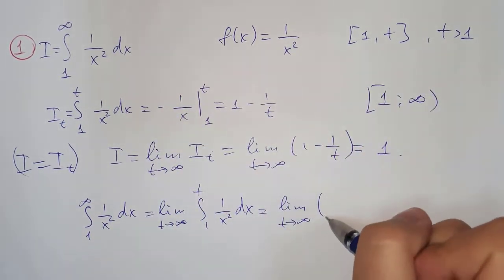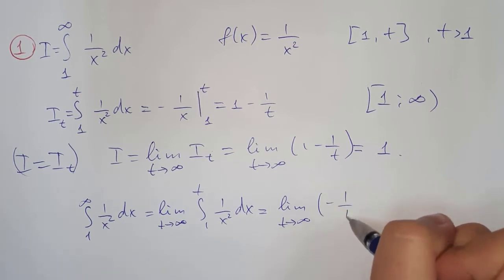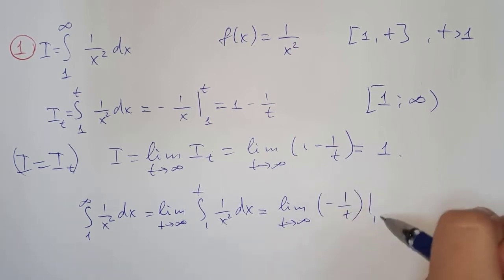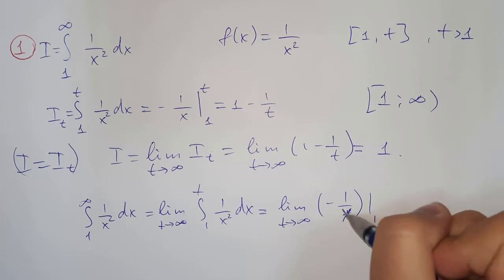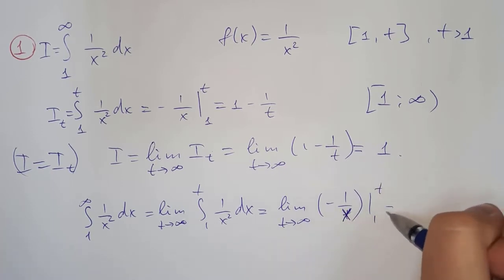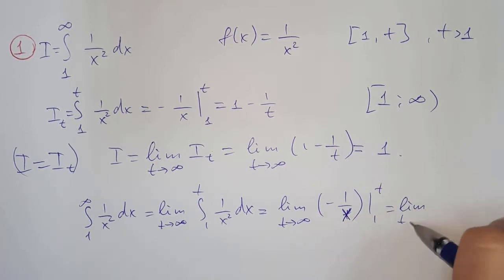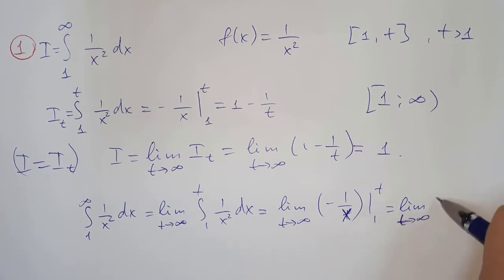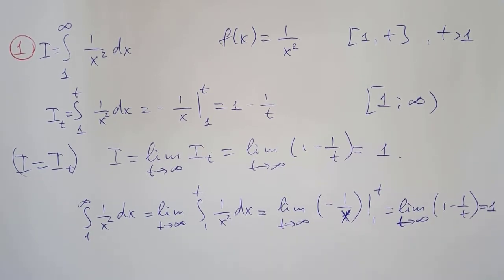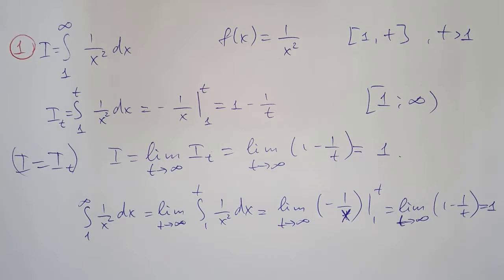So minus 1 over x from 1 to t, and it will be the limit as t tends to infinity of 1 minus 1 over t. So it's just 1. We can solve it this way also, without these notations.